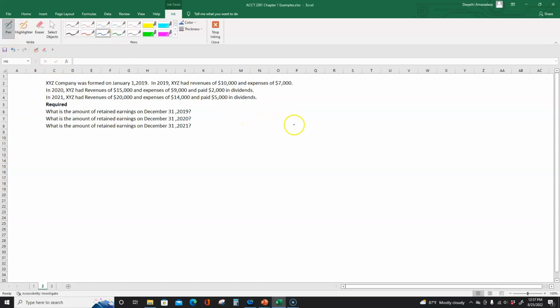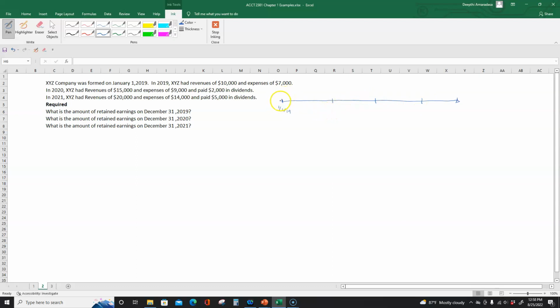The first thing I want to do is take a look at the timeline. So here's a timeline. Sorry, that's not really a straight line, but here's a timeline. And this company, XYZ, was formed on January 1st, 2019. Then they gave us information on what happened in 2019, and then they told us what happened in 2020 and what happened in 2021.